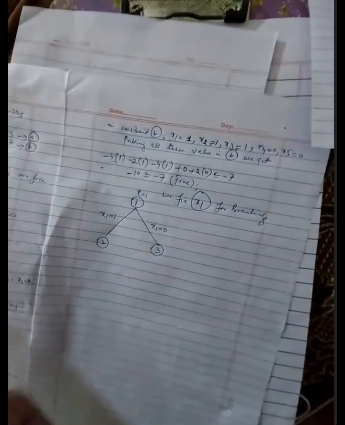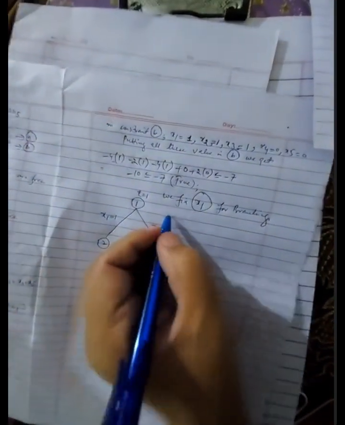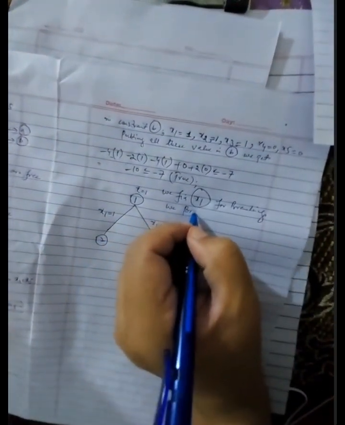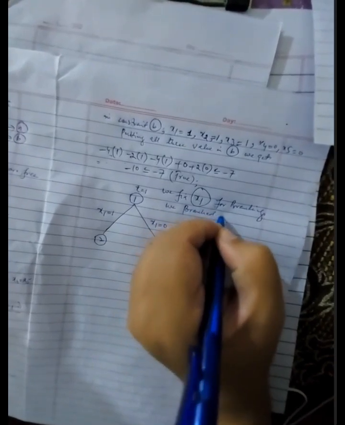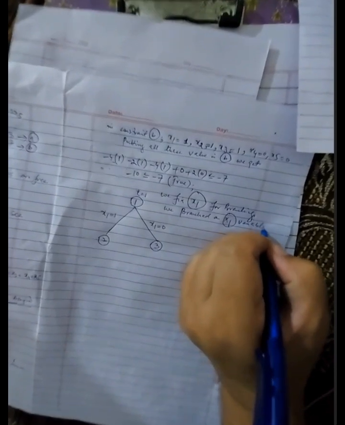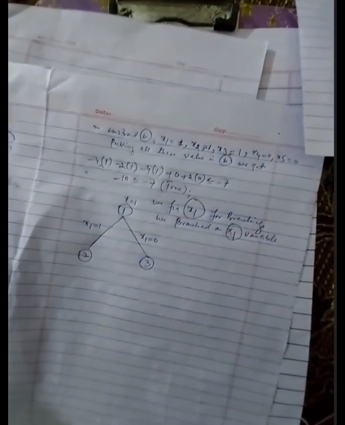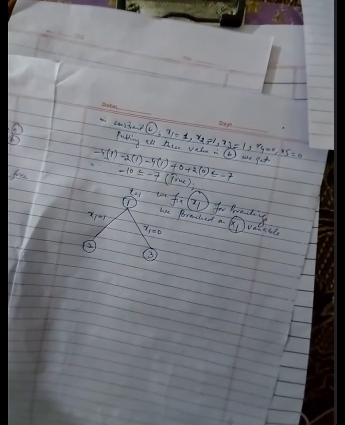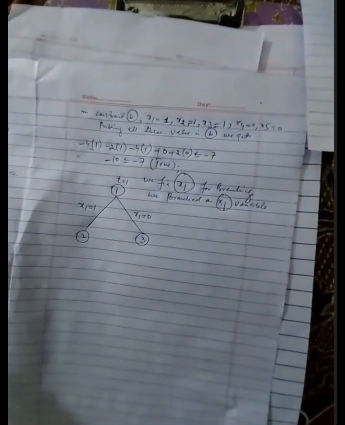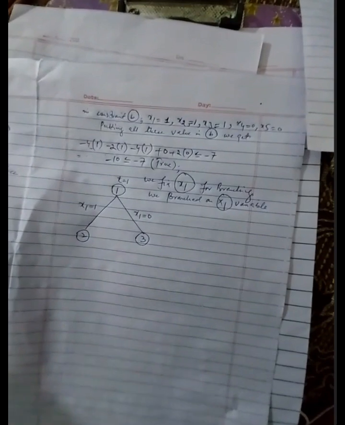We branched on the x1 variable. You can choose x5, x4, x2, x3, and x1 arbitrarily. That is not a fixed procedure, but we go with a kind of sequence.